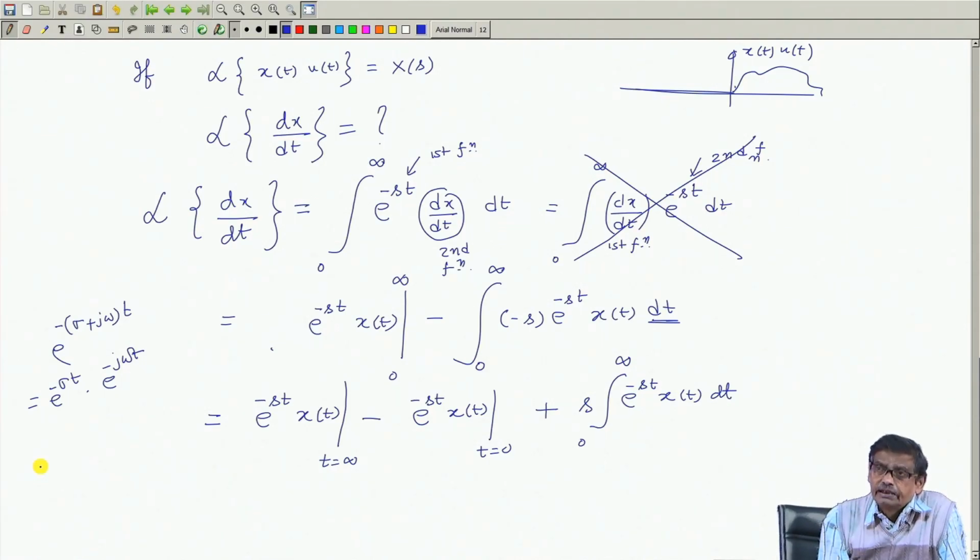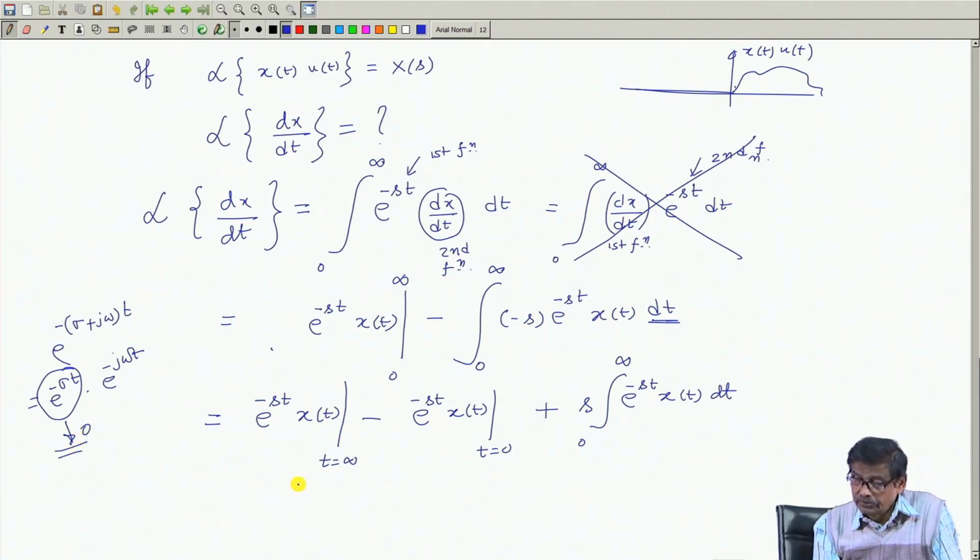Even if t is very large, can it be infinite? No, because it is cosine omega t plus j sine omega t, its amplitude is 1 only, bounded by 1. But as t tends to infinity and sigma is correctly chosen as per the ROC, this fellow, that is e to the power minus sigma t, will tend to 0. So that is why this first term will become 0.